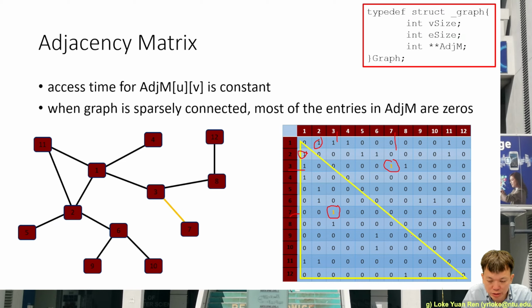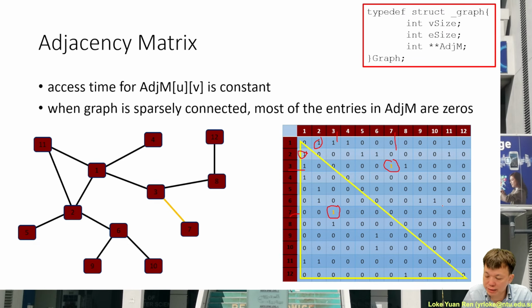Your space complexity is high, but if you're trying to determine whether two nodes are adjacent or not, your search time will be much faster than the next one I'm going to introduce to you.